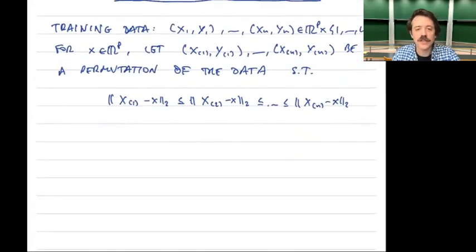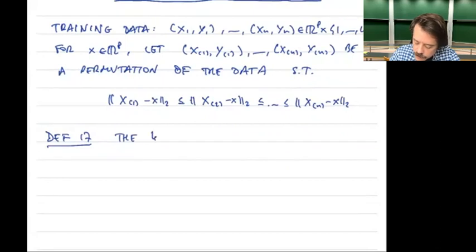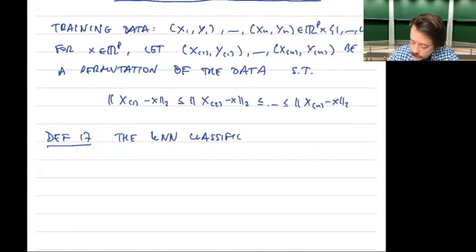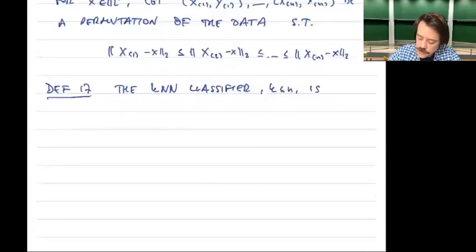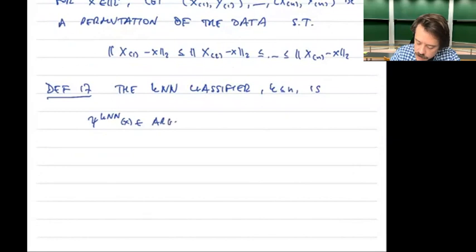So let's then, given this, introduce the definition of the classifier. Definition 17. The k nearest neighbors classifier, and k of course must be less or equal than n, this will make sense in a second, is the argmax over L of this quantity.